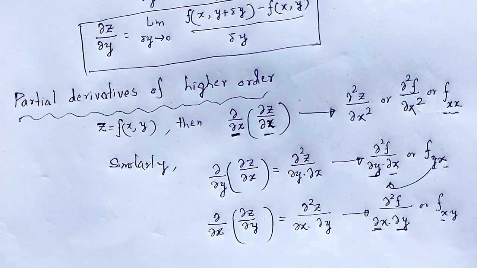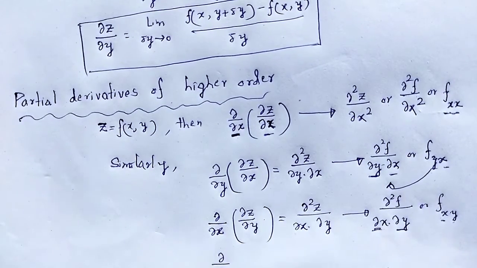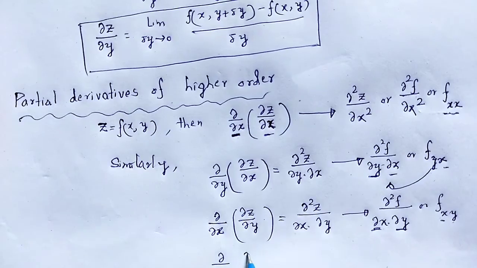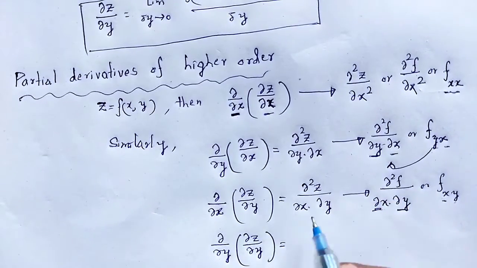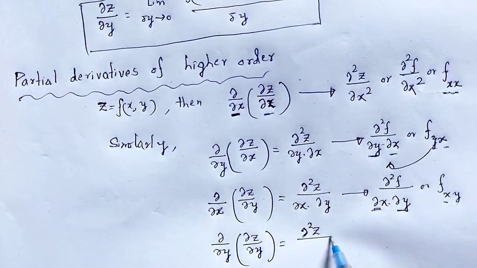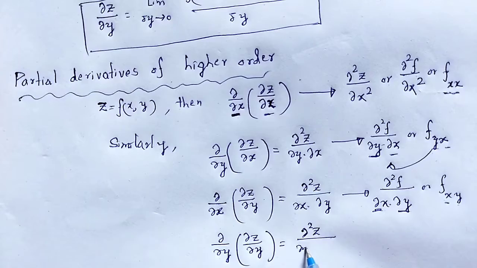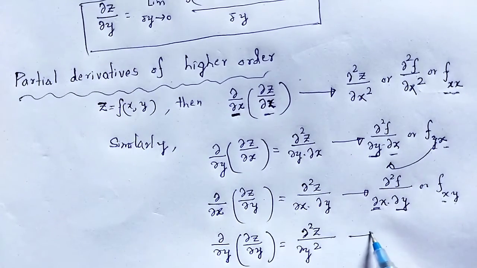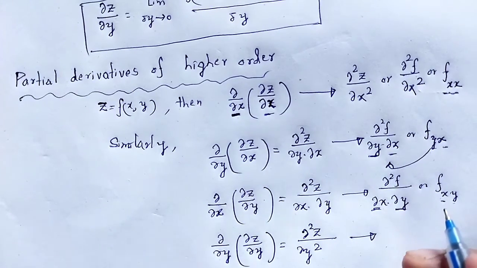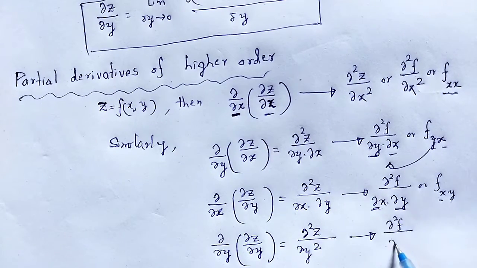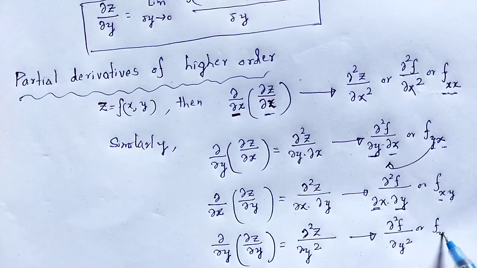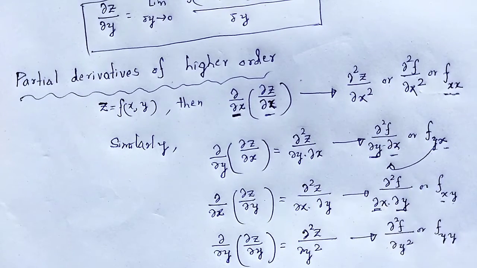Again, del by del y of del z by del y is del square z divided by del y square, or the representation looks like this, del square f divided by del y square or f of yy.